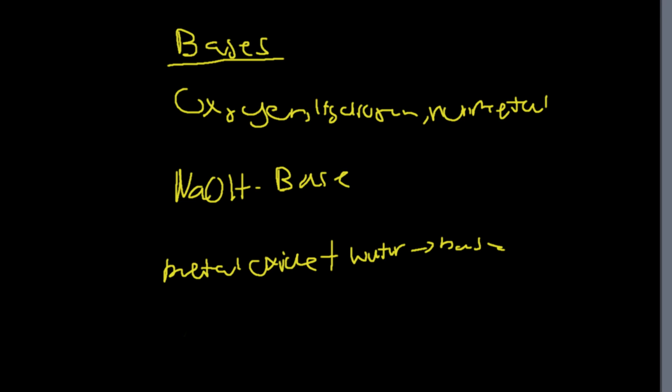And bases are also aqueous. So let's take something like lithium and oxygen, for example. We have the ionic compound of Li2O. So we have Li, and then we know that oxygen has two ions, so we have two here, and one oxygen there.